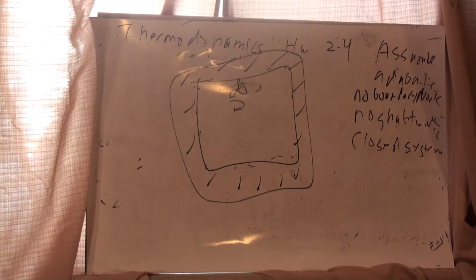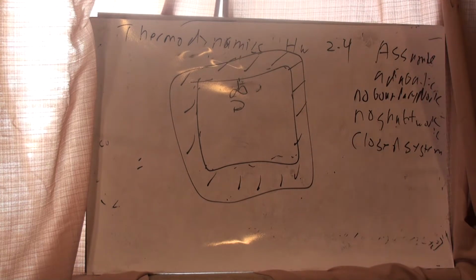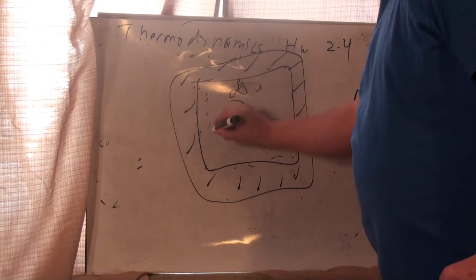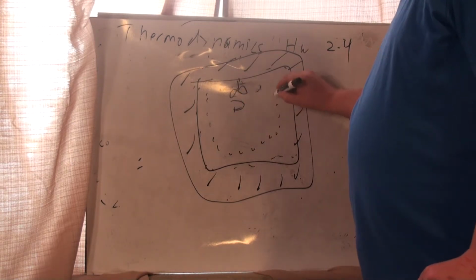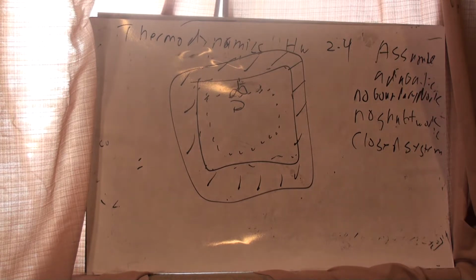So should the temperature of the room increase, decrease, or stay the same? Well, nothing's happening, but there is. This is moving. It has energy. It has kinetic energy. Now, if we draw our boundary this way, I've got that cycling of air.